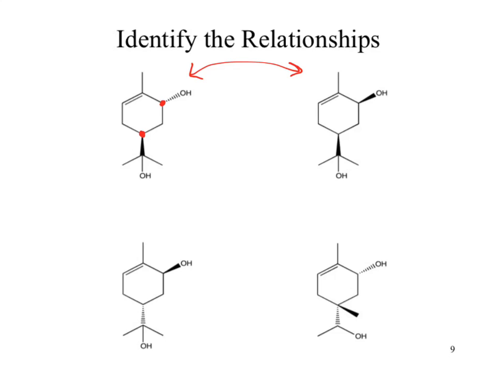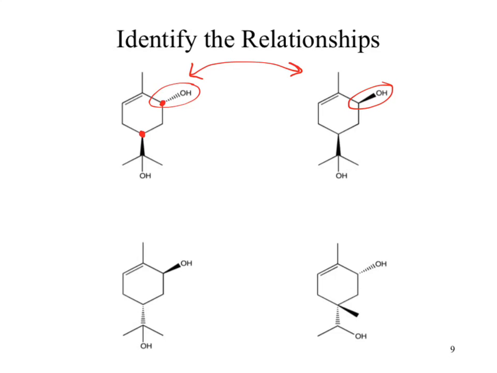This can be difficult to see, but let's look at a quick shortcut for this one. If we take the mirror image of my left hand, what do I end up with? My right hand. If I take the mirror image of a dash, but then maintain the structure, what do I end up with? A wedge. So what happened to that bond?